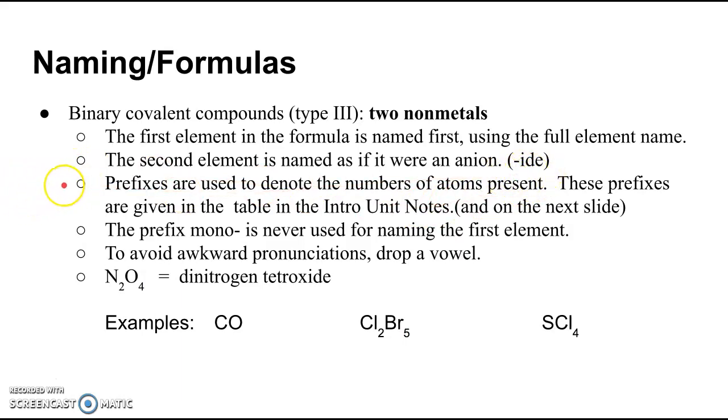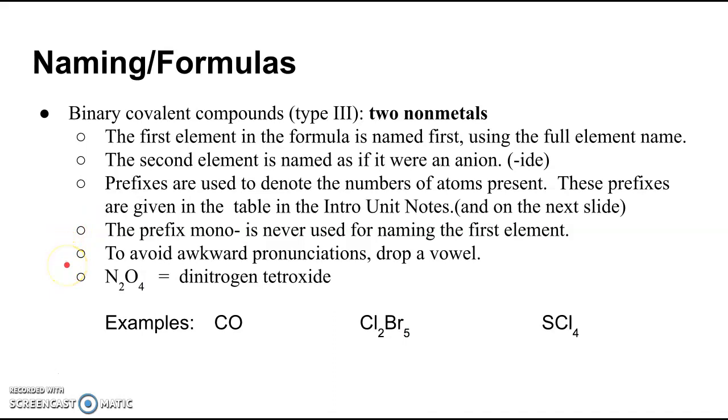And then in this case, we want to say how many of each element there are by using these prefixes. Prefixes are used to denote the number of atoms present. These prefixes are given in the table in the intro unit notes, and I'll show you on the next slide too. The prefix mono is never used for naming the first element.